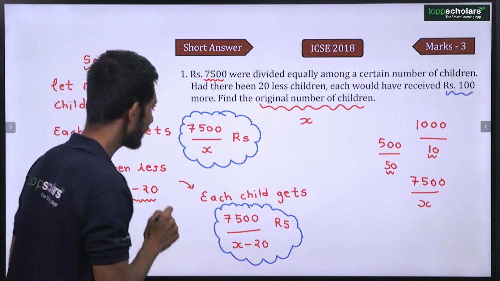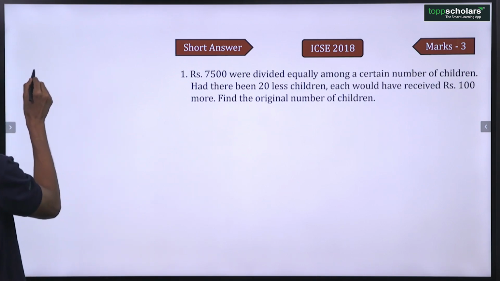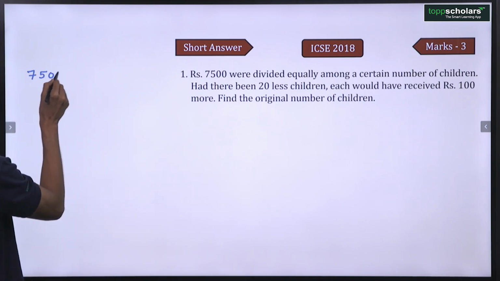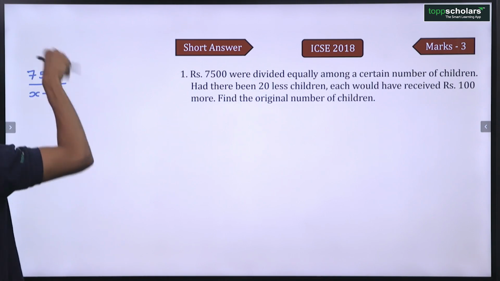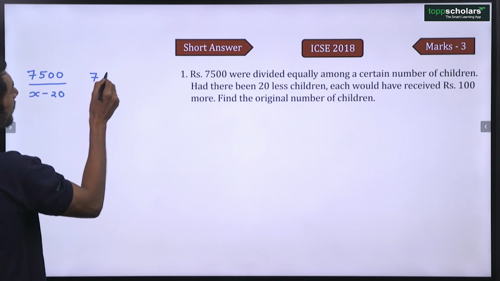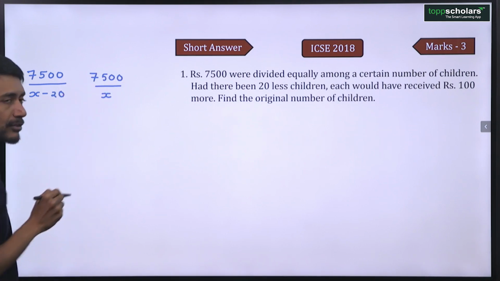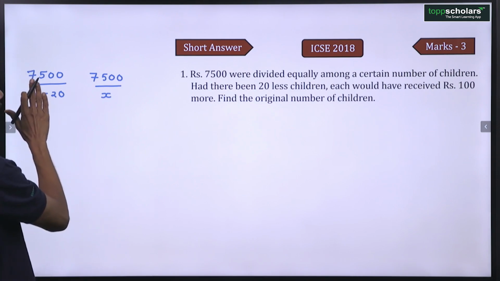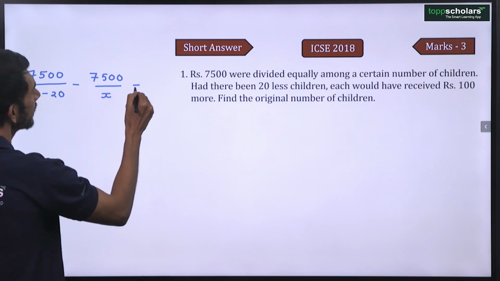So can I say 7,500 by x minus 20, this is some amount, and 7,500 by x, this is also some amount, and this amount is more than this amount by 100. So if I subtract them, I get 100.